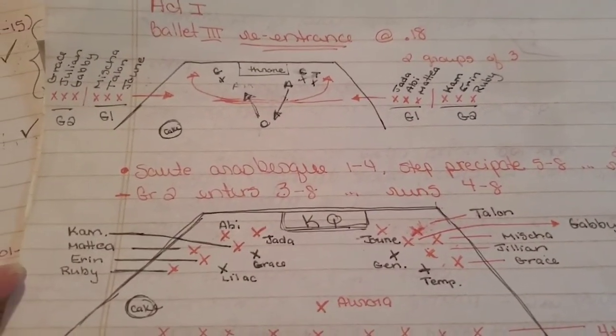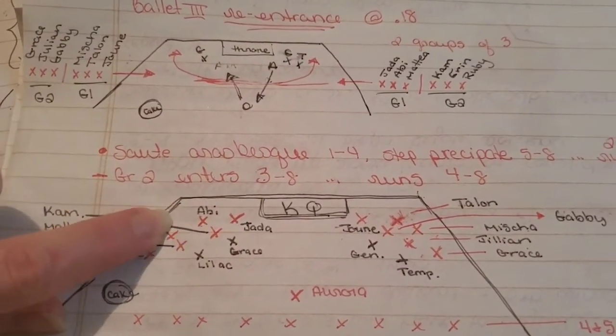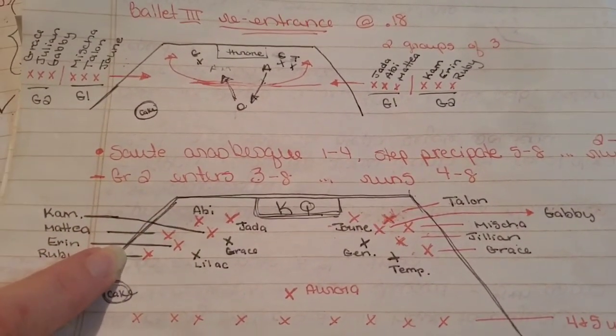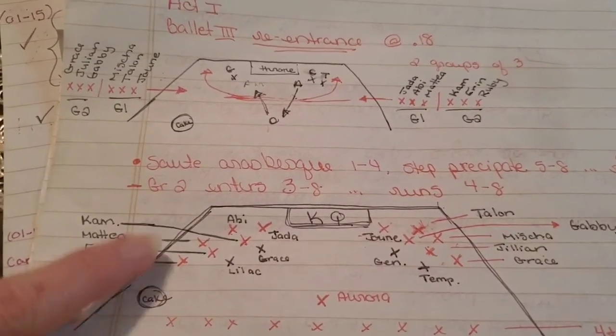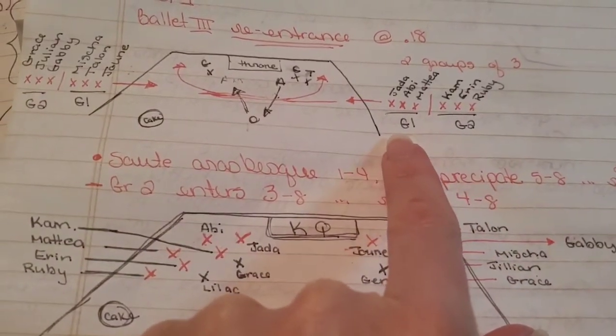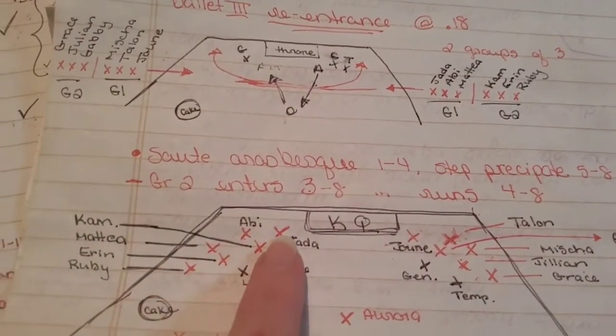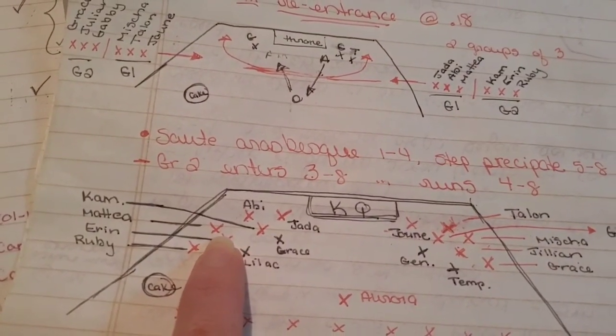So basically, the first group creates this kind of back diagonal line here. All right, so the first group to come out sets up that back diagonal line. So if you see on the stage left, Jada, Abby, and Matea come out. So I have Jada, I have Abby, and then I have Matea right here.